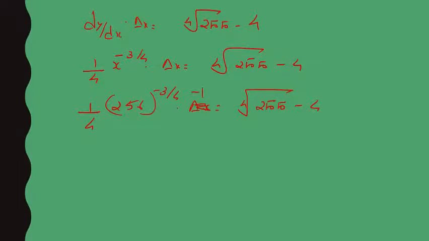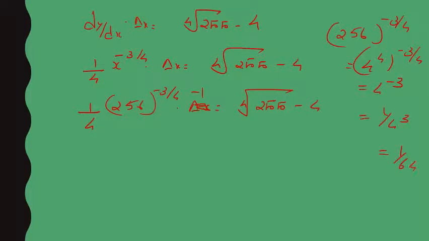What is 256 raised to minus 3 by 4? So 4 raised to 4 raised to minus 3 by 4. That is 4 raised to minus 3. 4 raised to minus 3 is 1 by 4 cube. 1 by 4 cube is 1 by 64. So 1 by 4 into minus 1 by 4 into 1 by 64 is equal to fourth root of 255 minus 4.